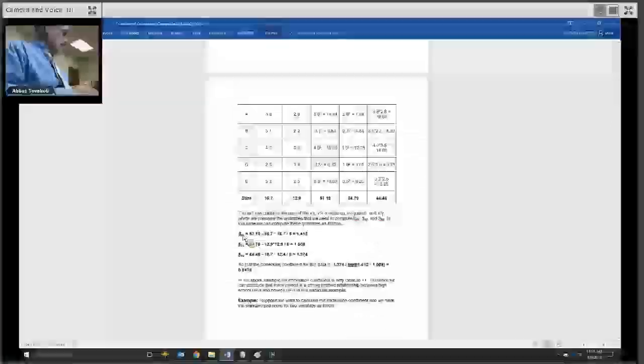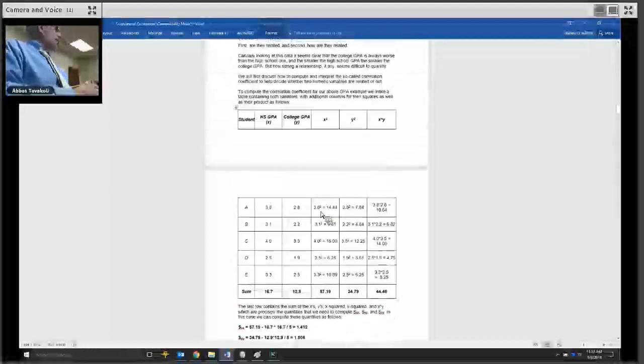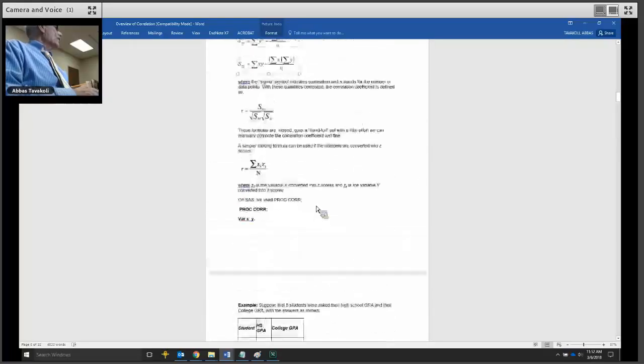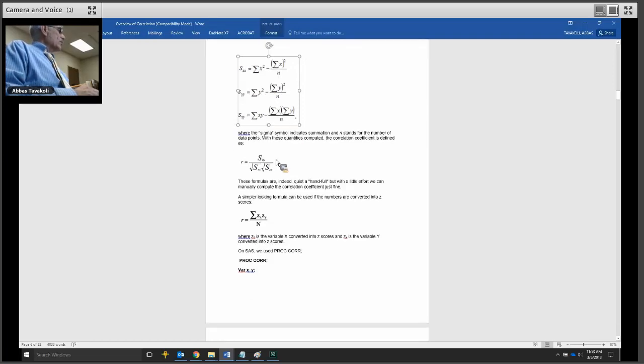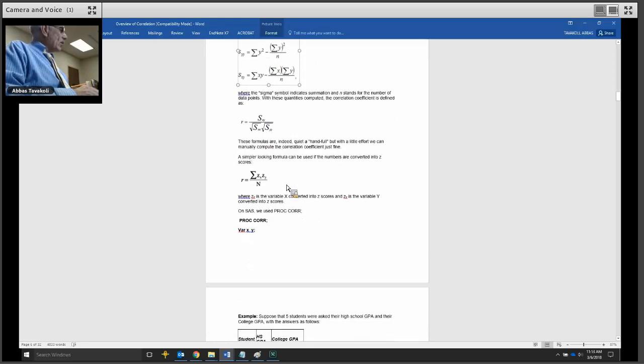First you want to calculate your SXX, SYY, and SXY. If you look at the formula, the sum of x squared means you square each value and then add up that column, and the total goes here. The sum of x is where you first add all the values, then you square it. Then you calculate these three terms easily, put them in the formula, and you get the r.